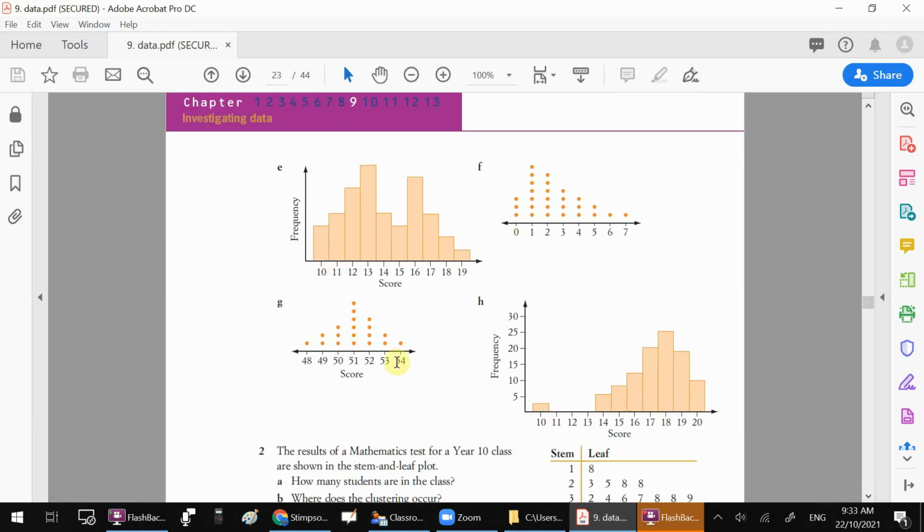We don't have too many outliers in here. There's an outlier with that one, and then the rest of it is skewed to the right, which makes it a negative skew. We have a bit of a bimodal thing happening with this one. A positive skew here because the data is bunched towards the lower end.